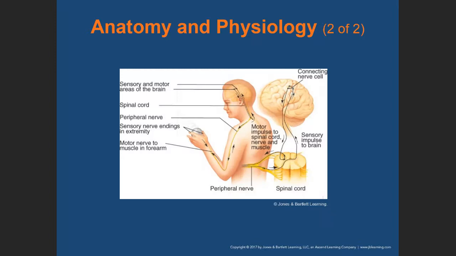So the impulse travels via the sensory nerve to connective nerves within the spine, and then motor nerves send a response to the fingertips. That's what would be considered a spinal reflex.